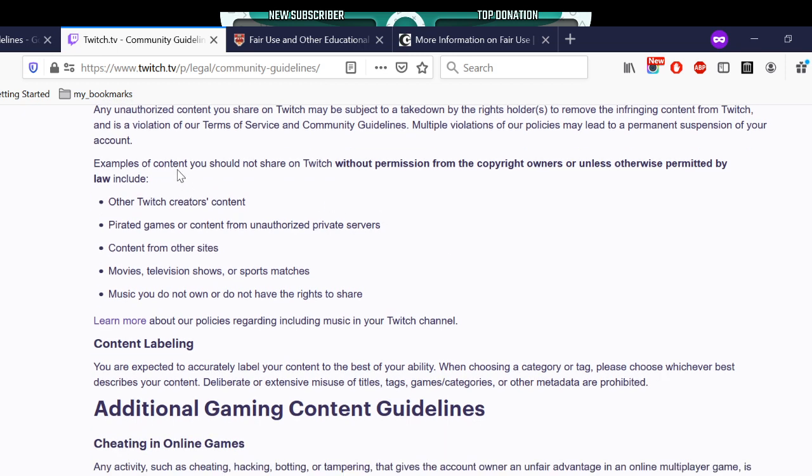Examples of what you should not share on Twitch without permission include other Twitch creators' content, pirated games, or content from unauthorized private servers. But as we all know, non-pirated games are absolutely good. Content from other sites, movies, television shows, or sports matches, music you do not own or have the rights to share.